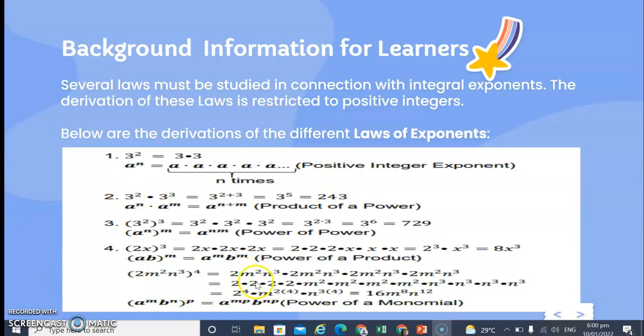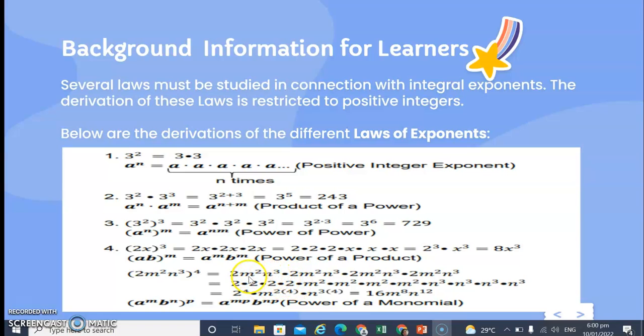So, we expand. So, we have apat ka 2m squared n cubed. So, we have here 2m squared n cubed times 2m squared n cubed times 2m squared n cubed and times 2m squared n cubed. So, isa-isa hunta ang tanan nga numerical coefficient. So, we have 2 times 2 times 2 times 2.